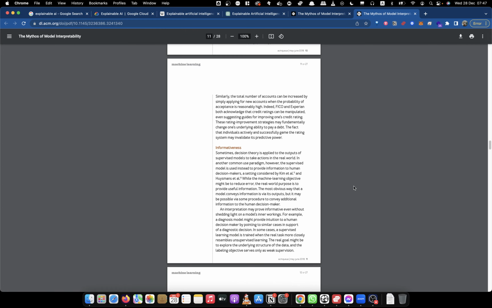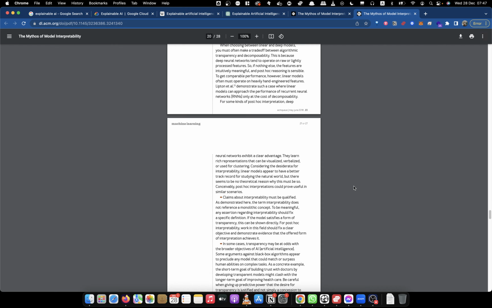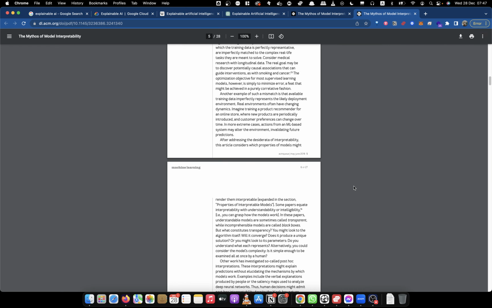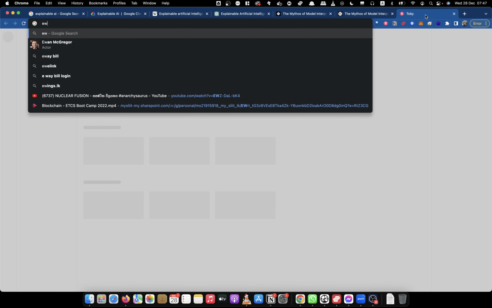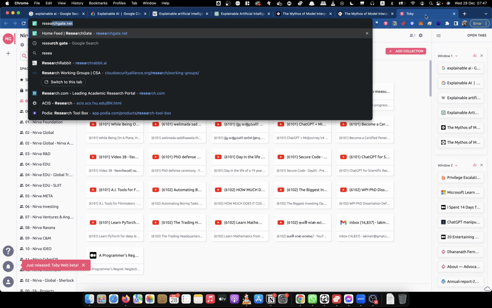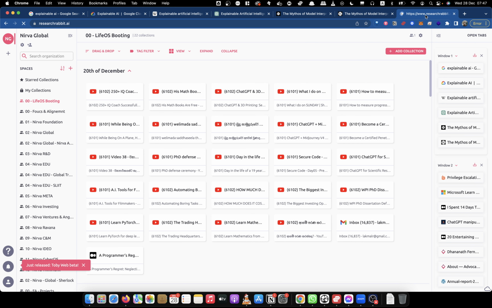Okay, so this is the paper. It's more of a text written for a magazine, but again, it's published work. And what I do next is I go to Research Rabbit, not ResearchGate, but Research Rabbit, which is a specific AI tool again, which is pretty neat.